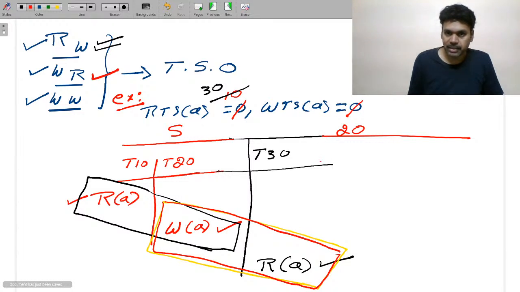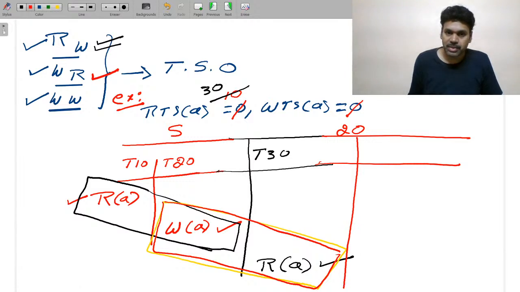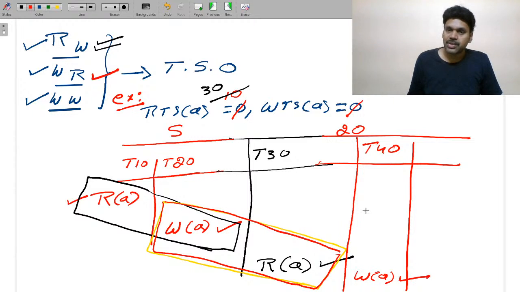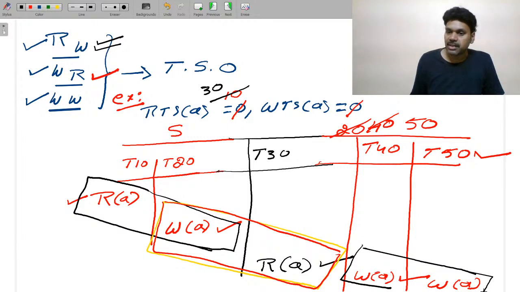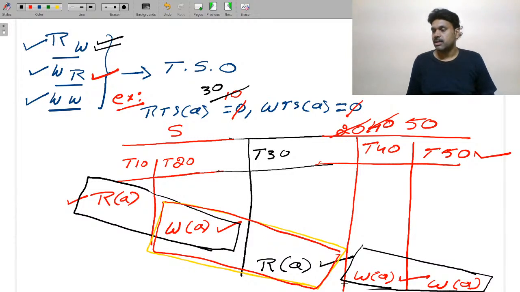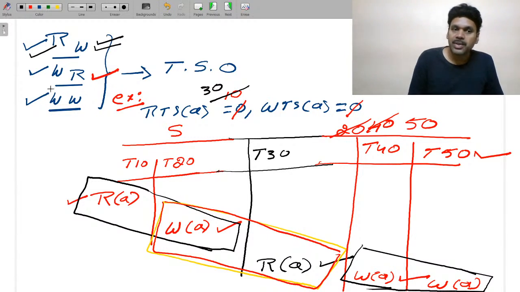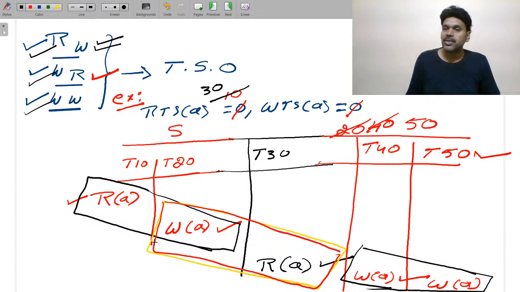I want to prove the last conflict also. T40 asks W of A. This is also allowed. This becomes 40. And T50, W of A. This is also allowed. Therefore, you see that all three conflicts exist in this example: RW, WR, and WW.